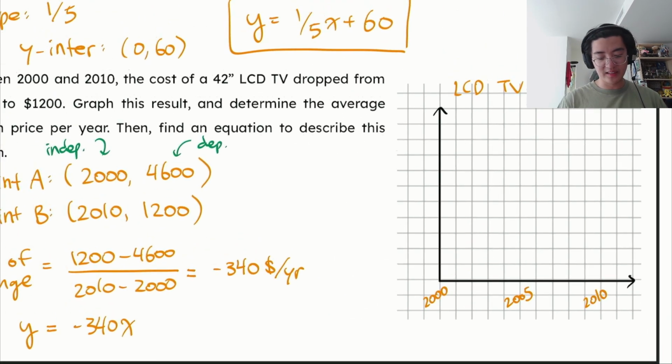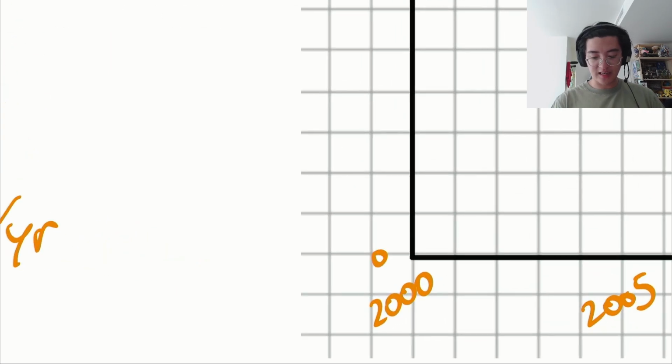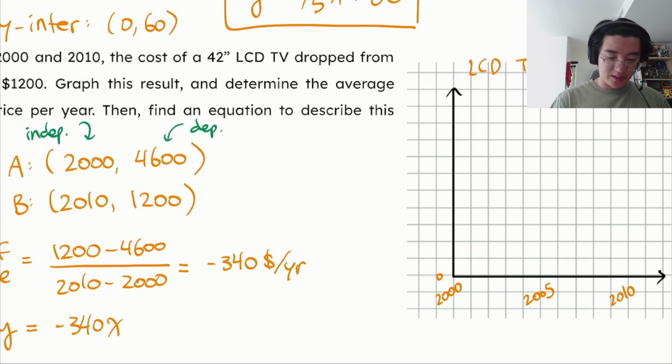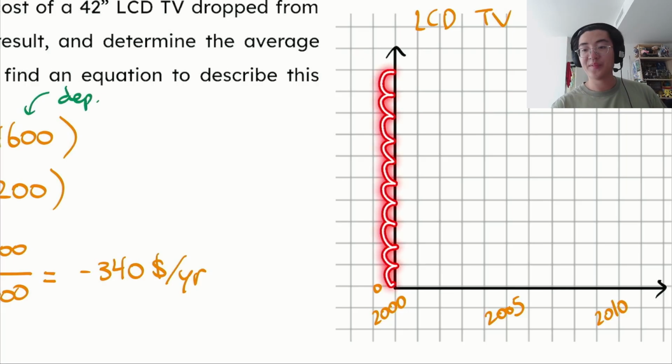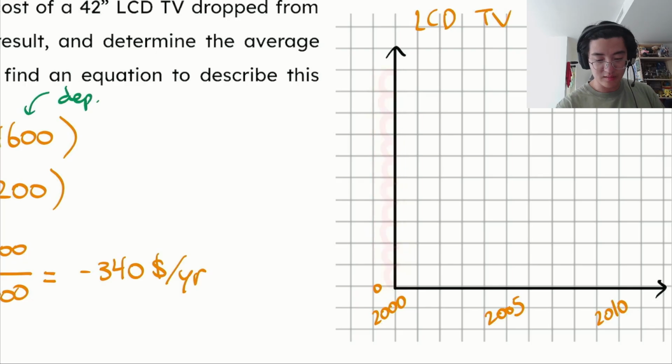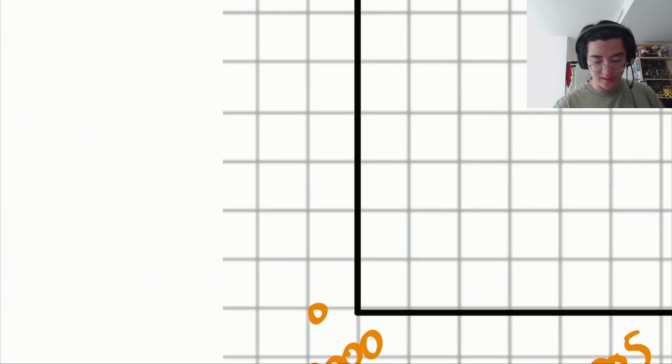Okay, and how about the money? For the money, we start at 0. Okay, and the maximum we want to go up to is 4,600. So let's see, how many spaces are there? 1, 2, 3, 4, 5, 6, 7, 8, 9, 10. Okay, we got 10 spaces here. So we can just go up by 500 per square, right?